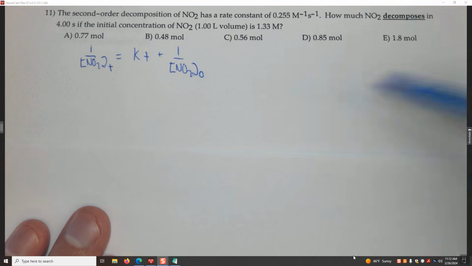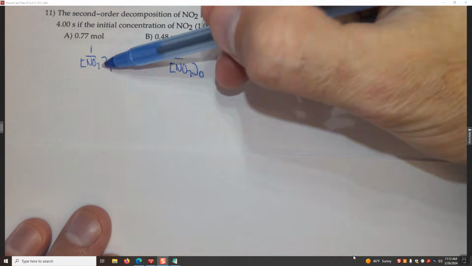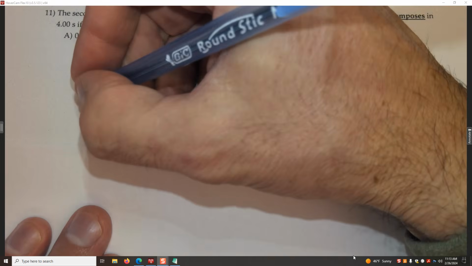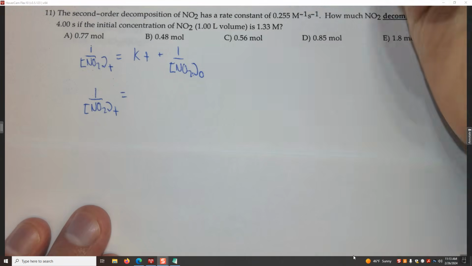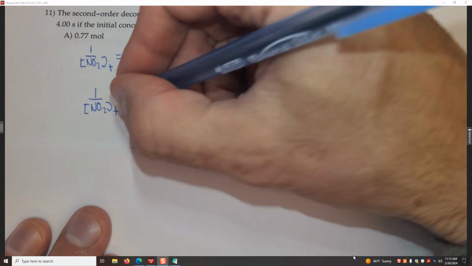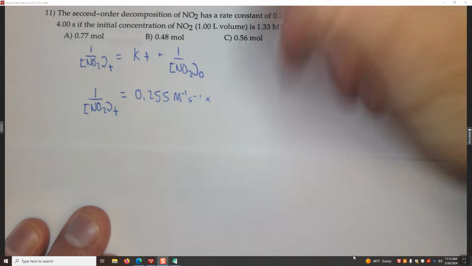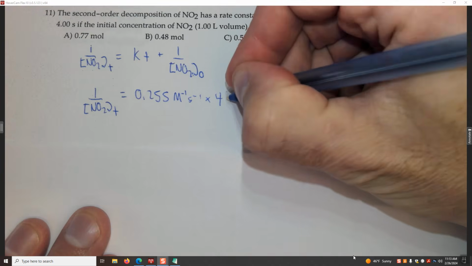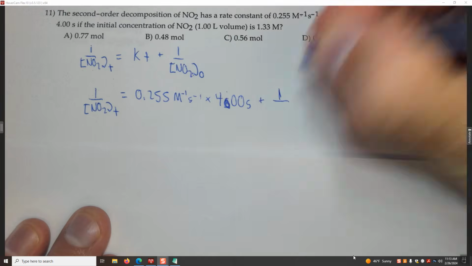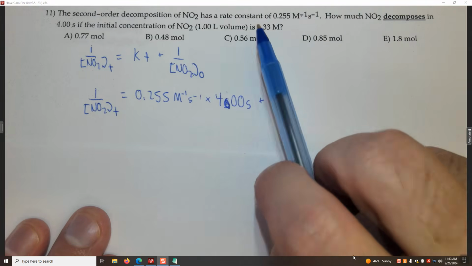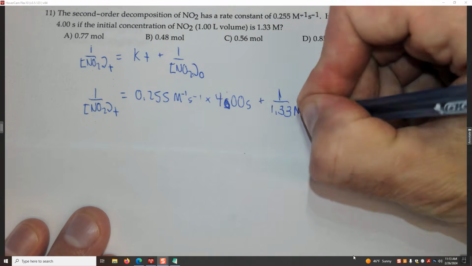All right, now what do we need to do? Well, we need to plug in what we know. 1 over the concentration of NO2 at some t is what we're trying to find. k we know, 2.55 per molar per second, times 4 seconds, I guess I should put 4.00 seconds, plus 1 over the initial concentration of A, or in this case NO2, which is 1.33 molar.